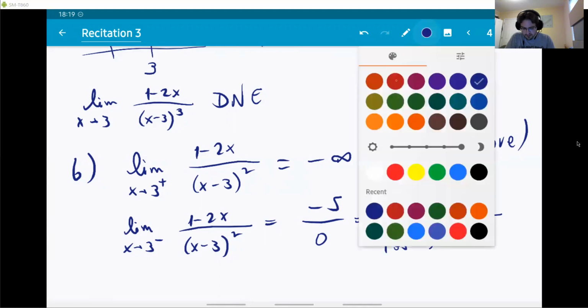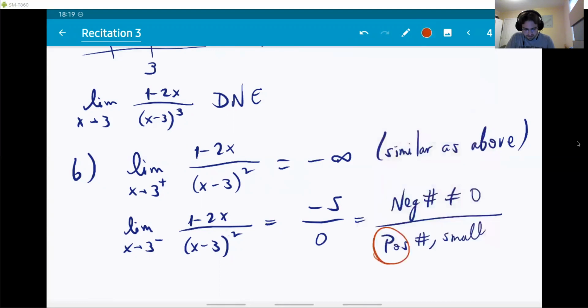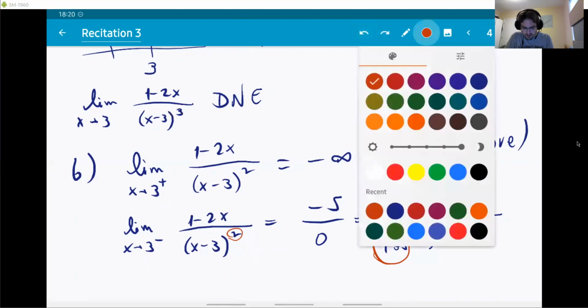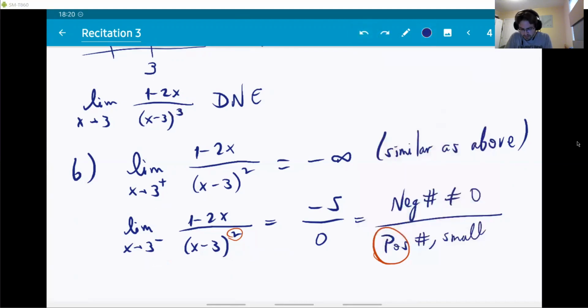Why is it positive? Again, we've seen an example in class, in lecture, because of the even power. The square here makes sure that it doesn't matter if you're approaching 3 from the left or from the right, this is always going to be positive. Whereas in the previous example, it mattered because that was an odd power.